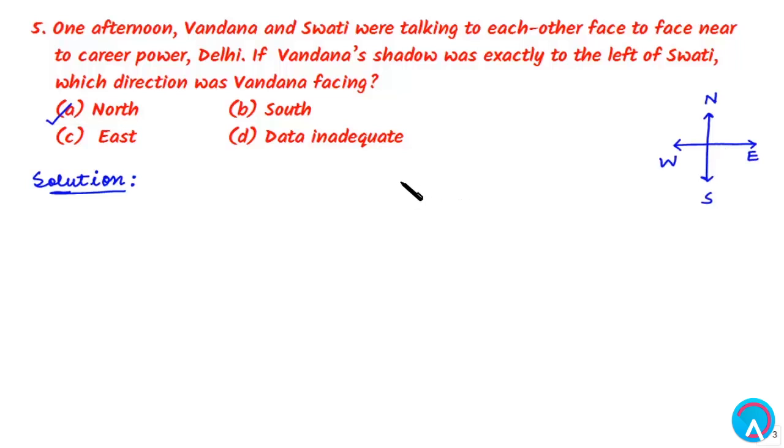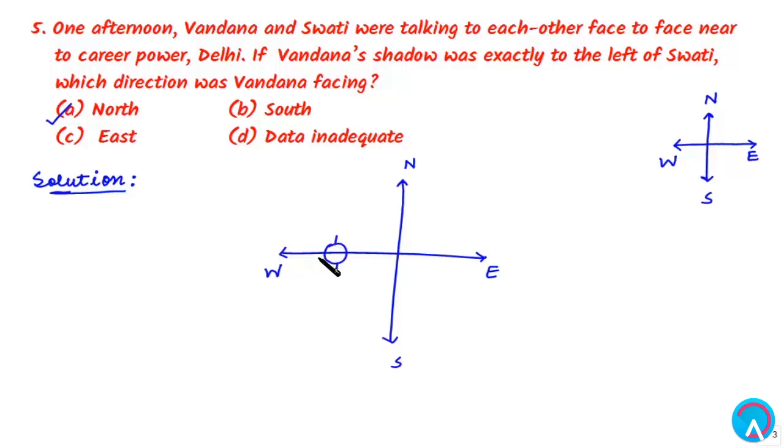Now let's draw the directions here. So if this is the north direction, this is the south, and this is our east direction, and this is west. Also, we know that in the afternoon, the sun is towards west. So sun will be somewhere here.